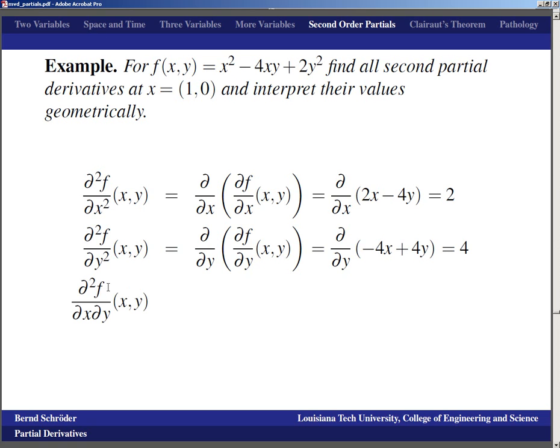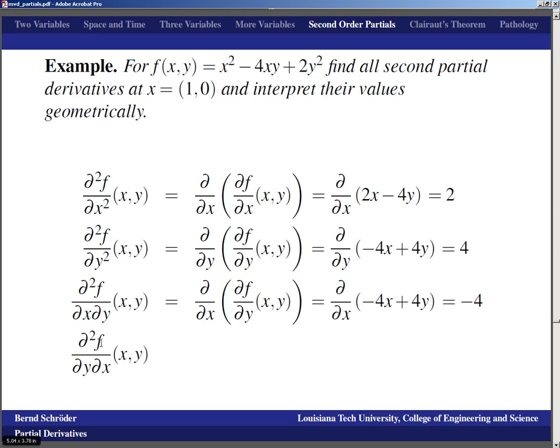When we take the second partial of f with respect to x and y, well, that's the derivative with respect to x of the partial with respect to y of f, and the partial with respect to y of f was this negative 4x plus 4y here, so we get that again. We get the partial with respect to x of negative 4x plus 4y, and we get negative 4. And of course we could also take the second partial of f with respect to y and x, which technically is something else, right?